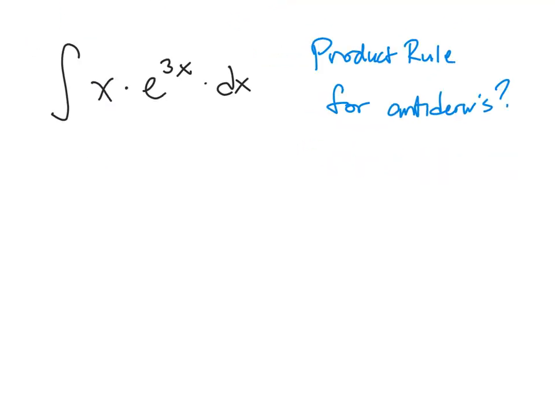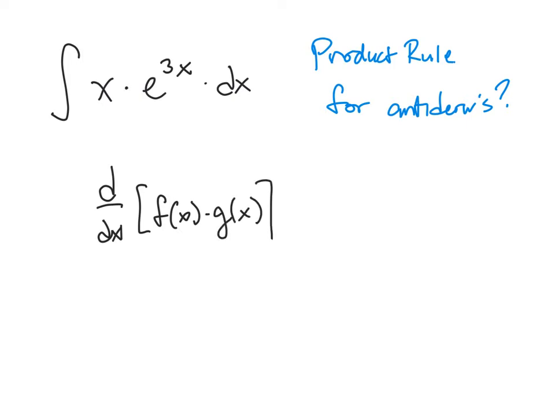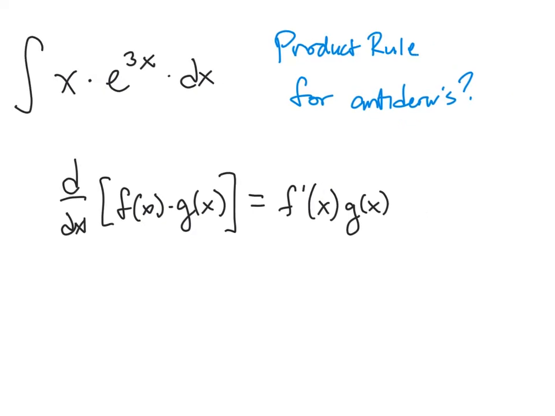If I take the derivative of a product of two functions, f of x times g of x, that derivative is going to be the derivative of the first part times the second part, plus the first part times the derivative of the second part. If I don't have all of these things accounted for, then I'm not going to be able to come up with a valid product rule for antiderivatives.